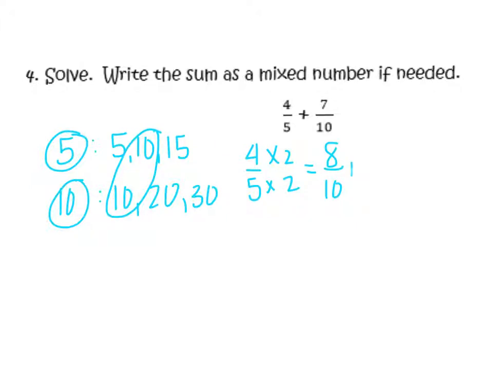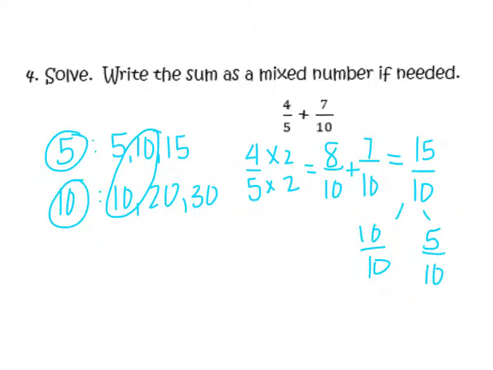So now I can add 8/10 plus 7/10, which is going to give me 15/10. I need to pull out 1 whole, which is going to be 10/10. I will have 5/10 left over. So my answer is going to be 1 5/10.